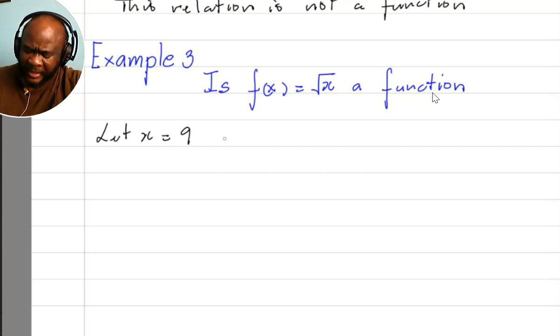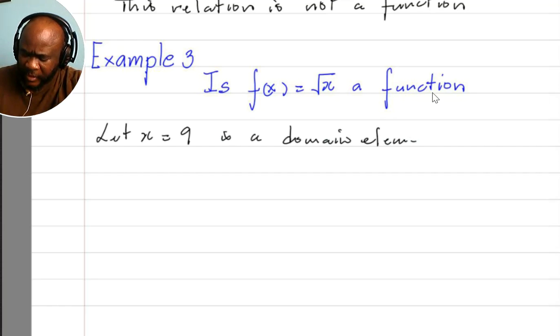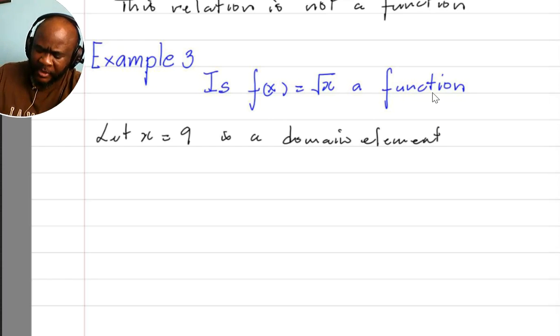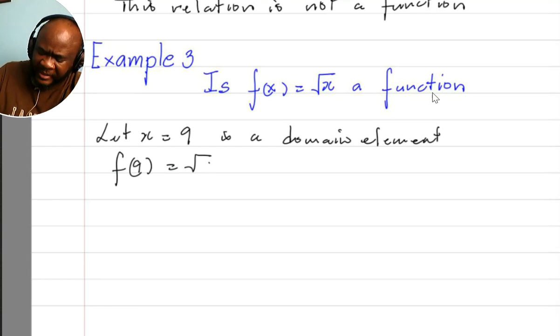So x equal to 9 is a domain element. Now the image of x equal to 9, f of 9, would be the square root of 9, which would be positive or negative 3.